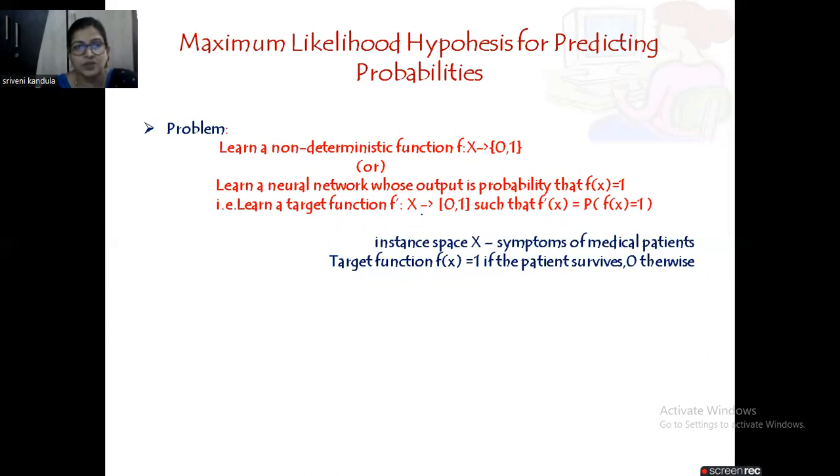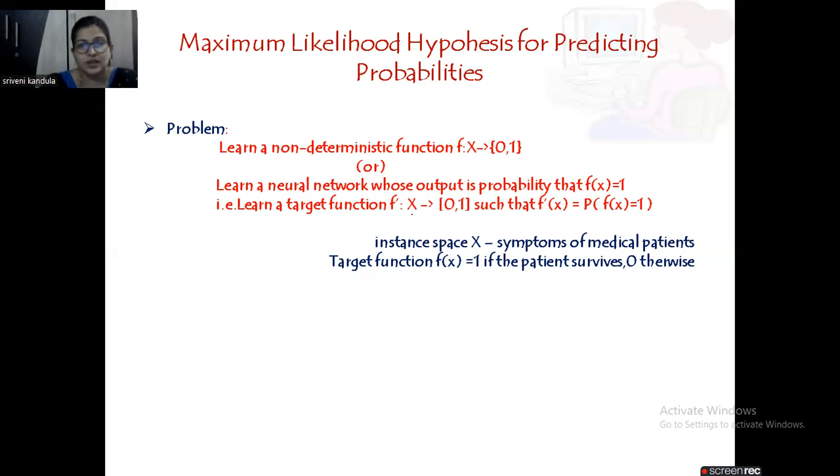Suppose we take the COVID scenario. What are the common symptoms? Everybody has high fever and cough. Some people have vomiting, some have loose motions. So some symptoms are there for this particular disease, and we have a set of patients. Now, though some patients have similar symptoms, does everybody survive during the COVID situation? No. Some have survived, luckily, and some have not.